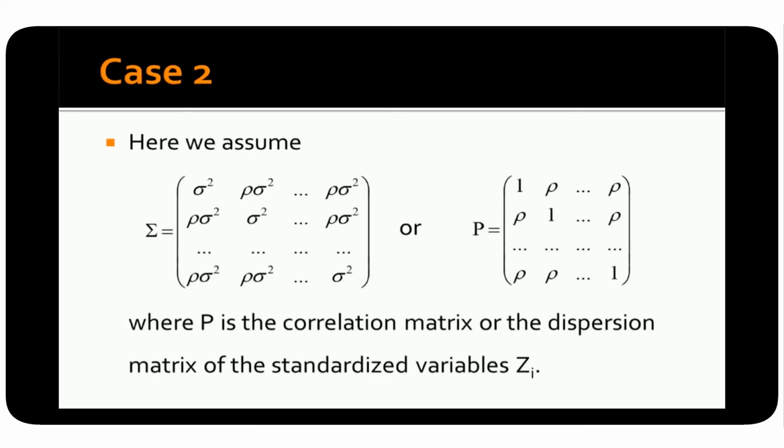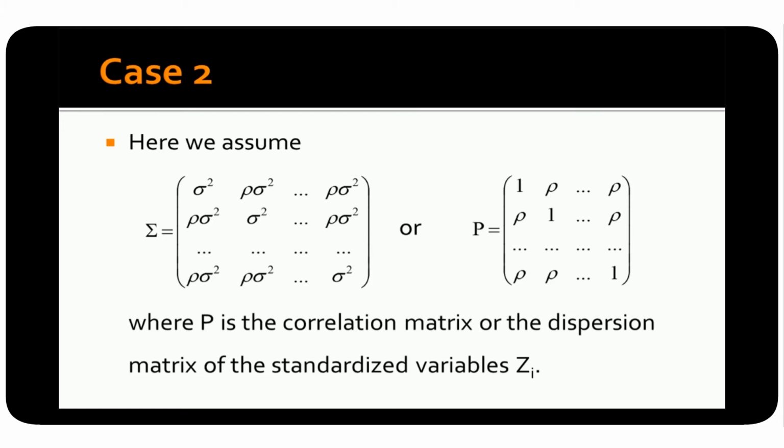Let us look at another structure. This is a very standard structure. Let sigma be equal to sigma square, rho sigma square, and so on, with sigma square on the diagonal and rho sigma square elsewhere. If we take out sigma square from this sigma, then we are left with the correlation matrix, and we will work with this correlation matrix.